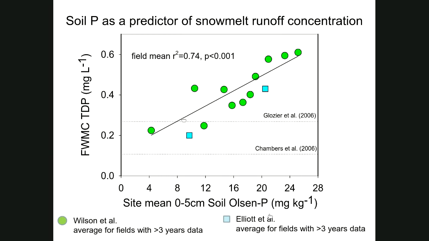And they do follow a similar trend as well. So these are sites with clay and clay loam soils in the Assiniboine and Red River basins. And the scatter here, again, is likely partly due to antecedent conditions in that we don't have the exact same combination of years for each site.